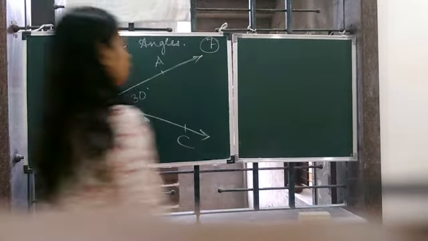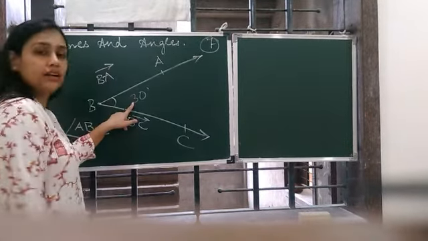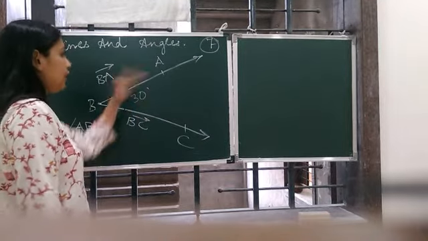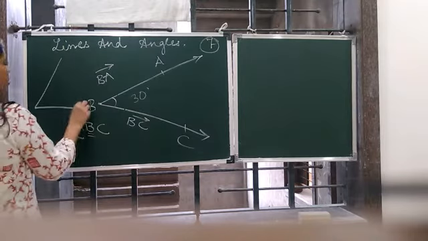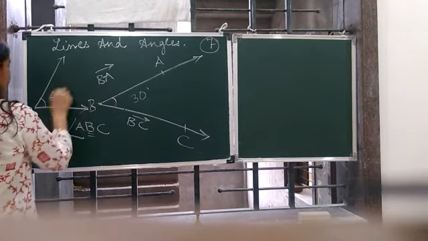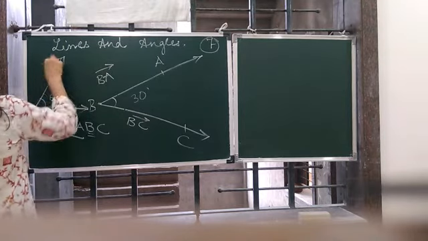Now, this is one angle. Suppose this is an angle ABC of 30 degrees. Now, I need one more angle. Suppose this is an angle of 60 degrees, let's say PQR.